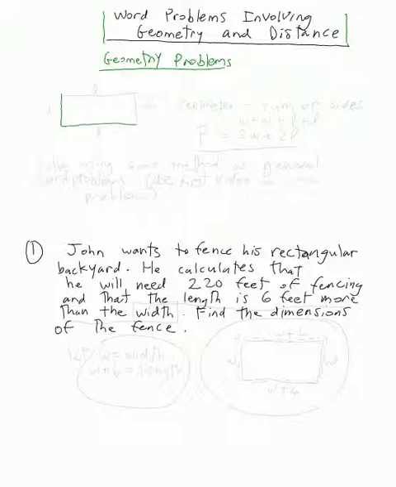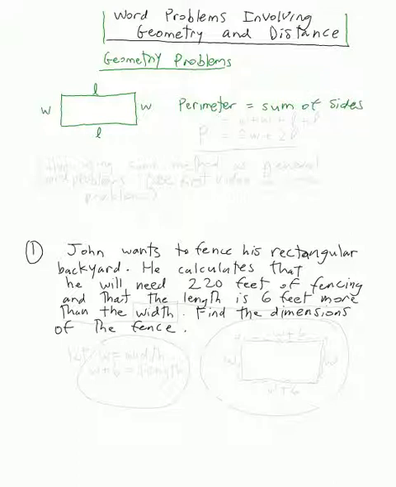Well, let's say we have a rectangle here. A rectangle is made up of a width, let's call the width W, and a length, let's call the length L. So the perimeter of any shape is always equal to the sum of the sides.